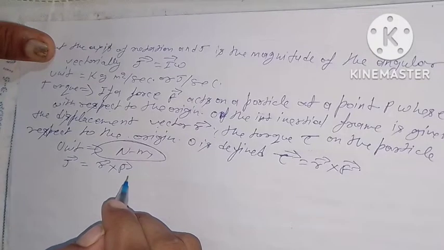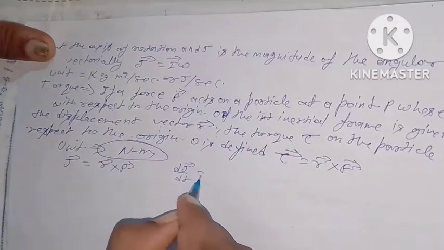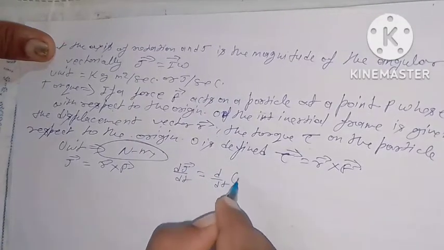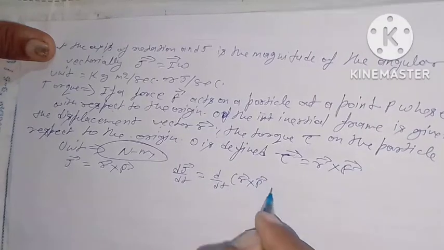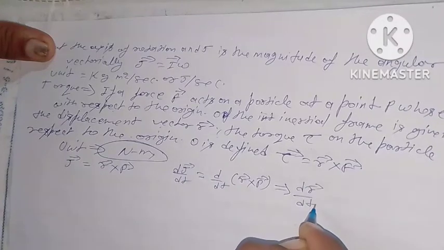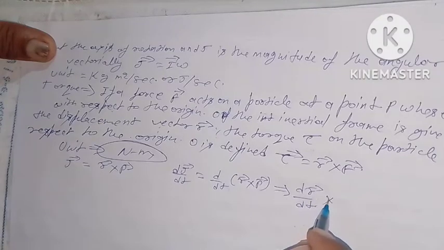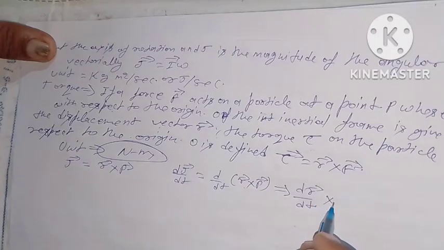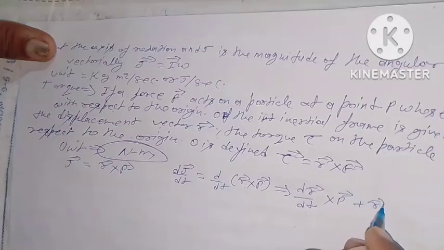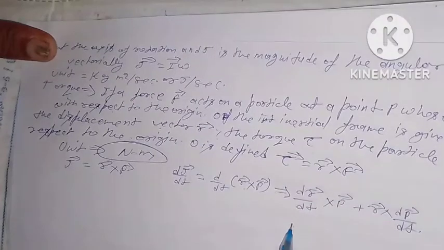Differentiating this expression with respect to time, we get dJ upon dt equal to d upon dt of vector r cross vector p, which is dr upon dt cross vector p plus vector r cross dp upon dt.